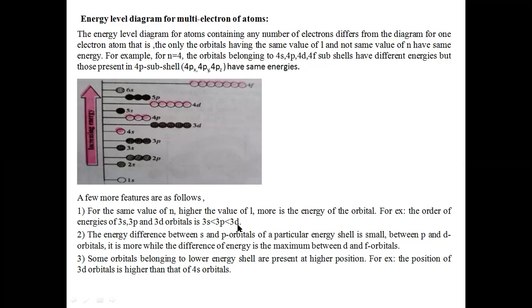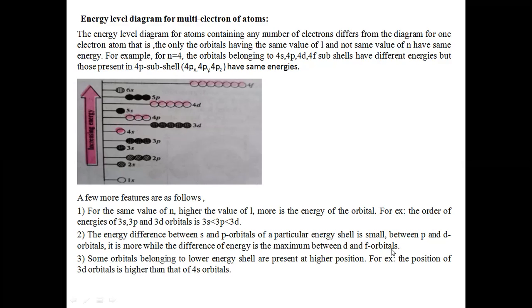The second point is that the energy difference between s and p orbitals of a particular energy shell is small. Between p and d orbitals it is more, while the difference of energy is maximum between d and f orbitals.